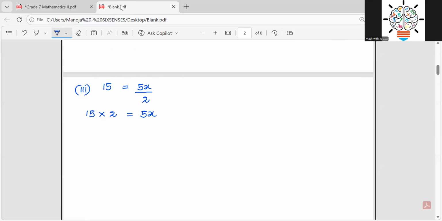So this is 30 equal to 5x. I rewrite this because the x should be on the left side. It is the best way to keep x. Then x is equal to 30 divided by 5, and x is equal to 6.